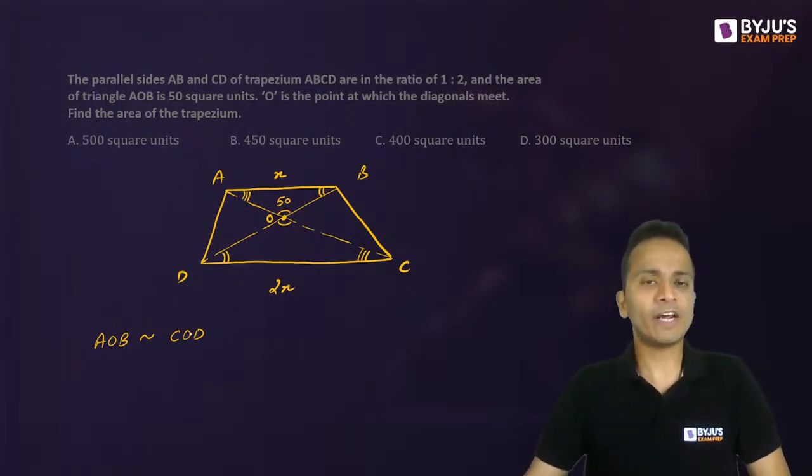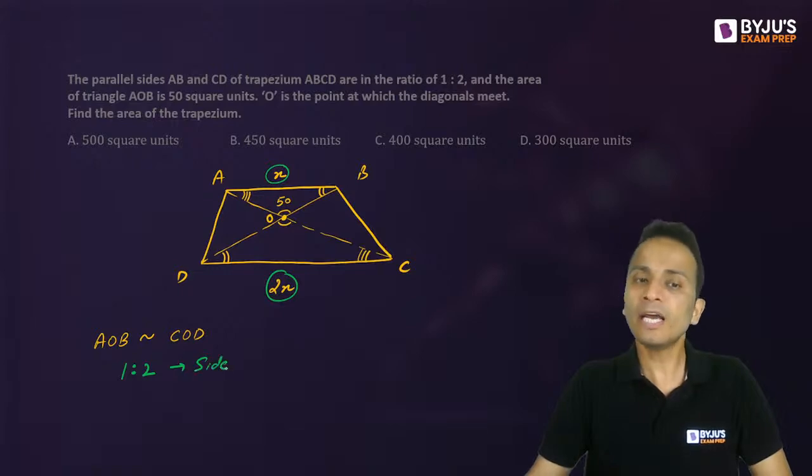Now the triangles are similar, so I can write the ratio of their sides. The ratio of 1:2 is already given. So the ratio of the sides is 1:2. Now if the ratio of the sides is 1:2, the ratio of areas will be the square of this, that is 1:4.